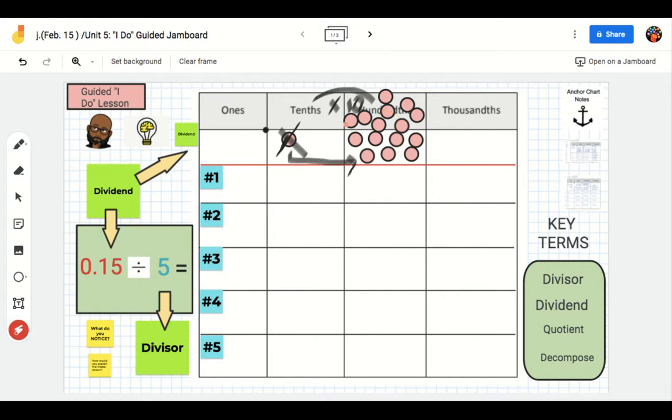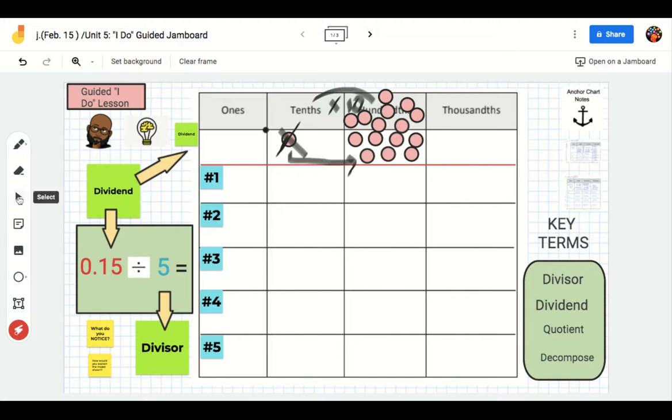Let me count again: 1, 2, 3, 4, 5, 6, 7, 8, 9, 10, 11, 12, 13, 14, 15. Because I had 5 in the hundredths place and I added 10 that I broke up.